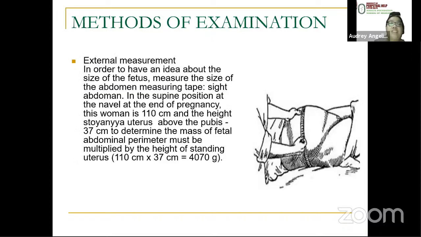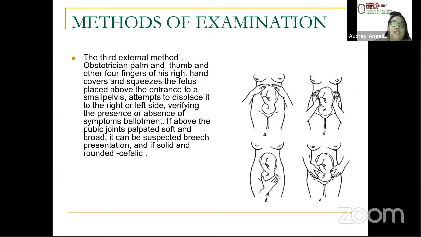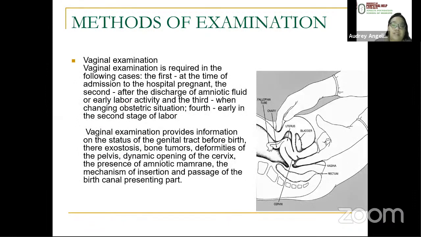Aside from external measurement of the fundic height, etc., this is your Leopold's. We have discussed this prior. Your IE would tell you, aside from the Bishop score, your pelvimetry. And what will your pelvimetry tell you?